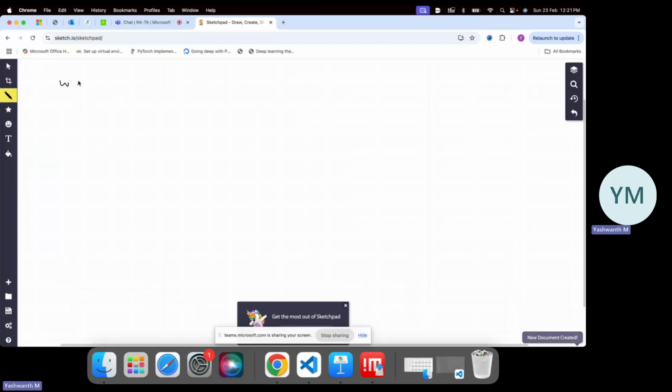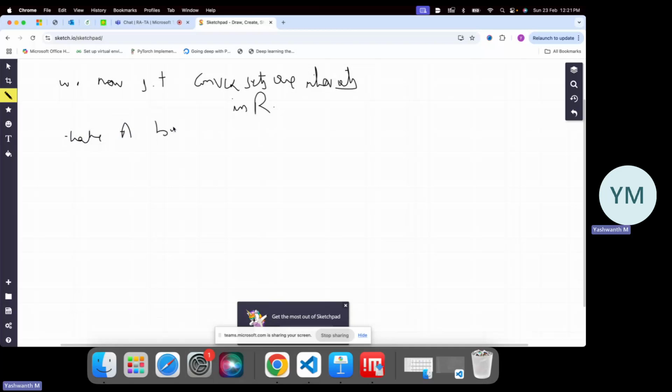We now show that convex sets are intervals in R. Take A to be a convex set and pick a, b with a less than b.